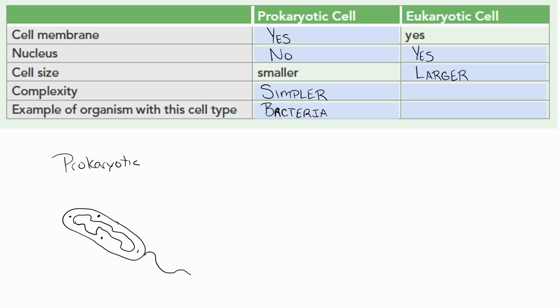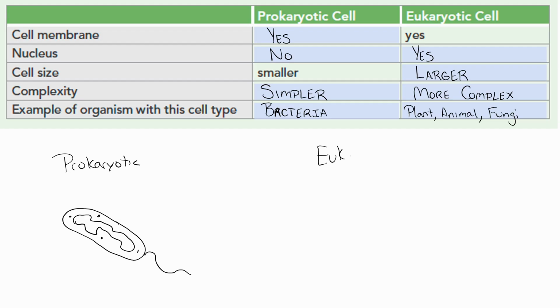Their complexity is much more complex. We have all of these different organelles on the inside of the cell. An example of a eukaryotic cell is a plant, an animal, or a fungi. All of these are eukaryotic cells.